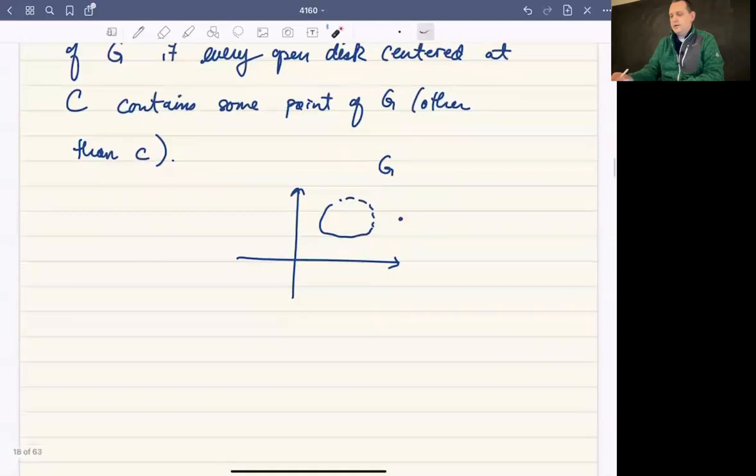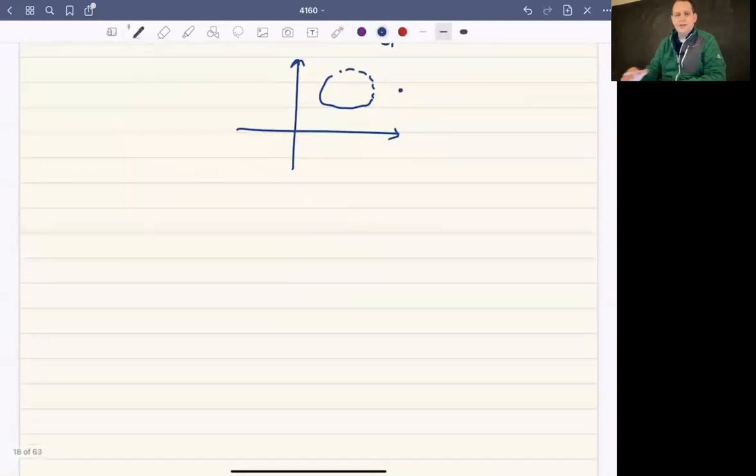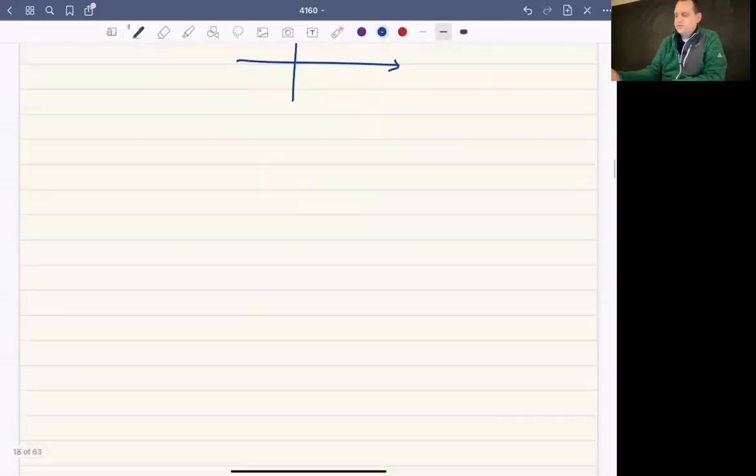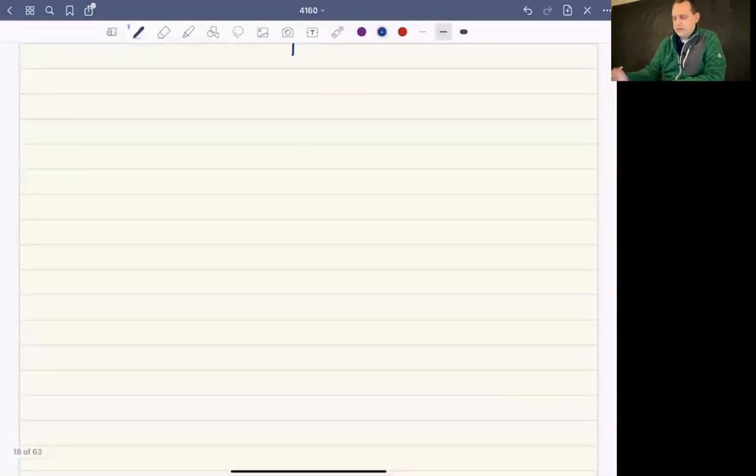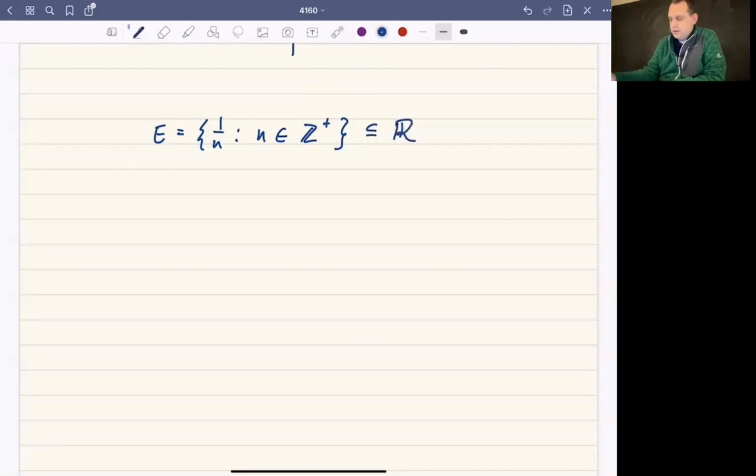The way I like to think about accumulation points is actually, forget about the complex numbers for a second, but just think about the set E, which is going to be 1 over n, where n is, say, a positive integer. We're going to think of this as a subset of R, or if you want to, you can think of this as a subset of the complex numbers, just where all the imaginary parts are 0.